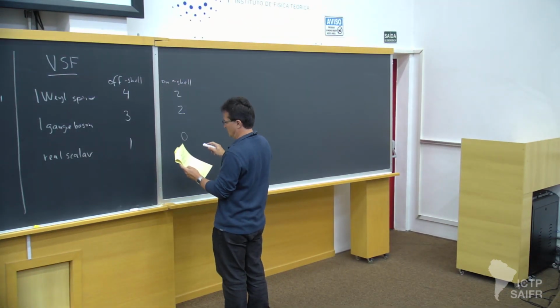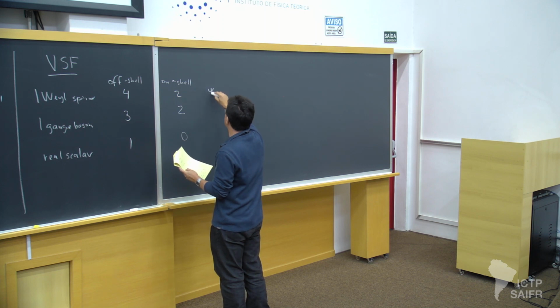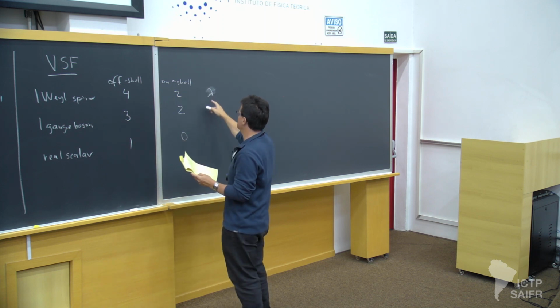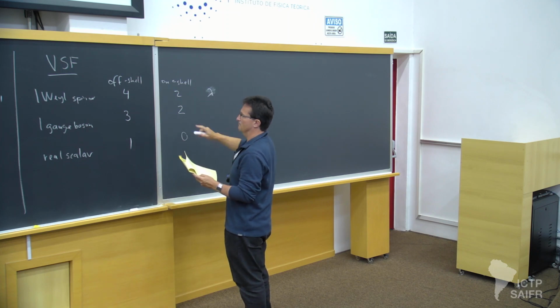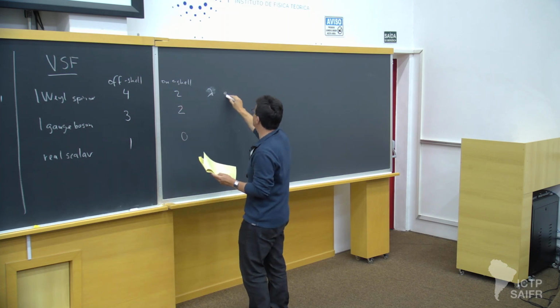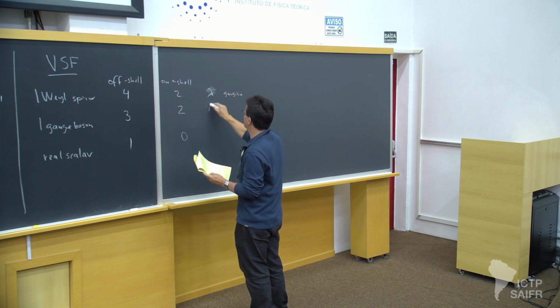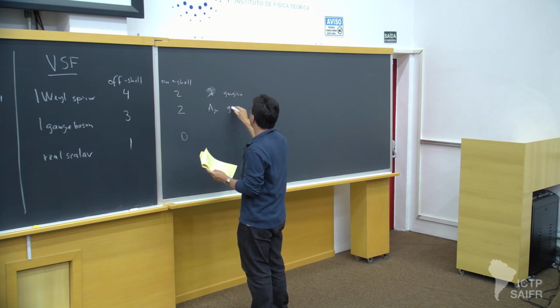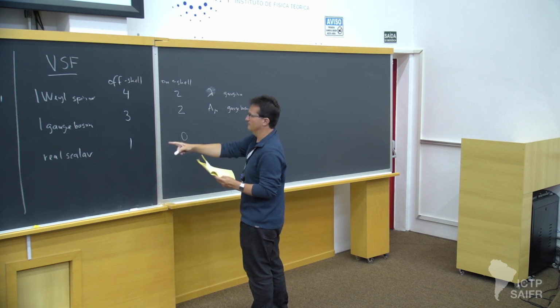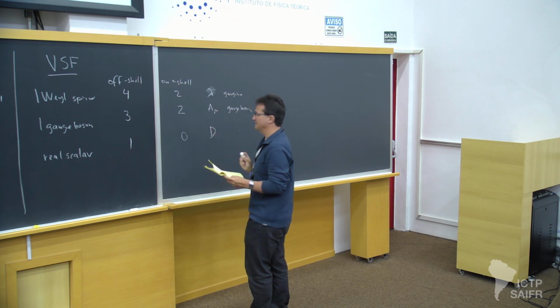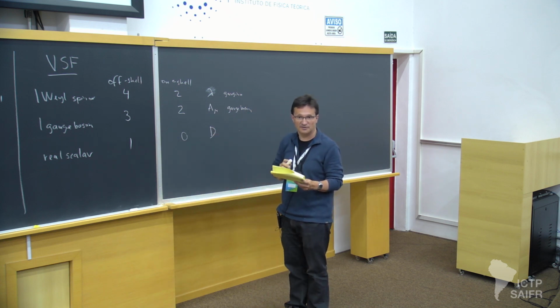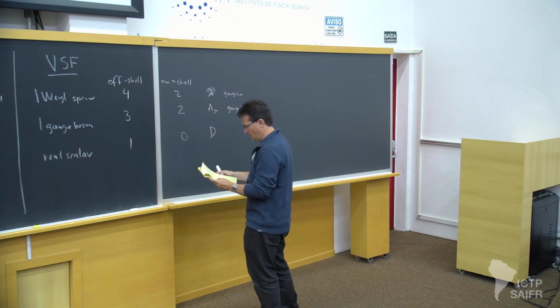Okay, this is usually denoted psi, or let me call it lambda. This is what is usually denoted as the gaugino. So this field is called the gaugino. And then this is the gauge boson, A mu. And then this is the auxiliary field. It's a scalar. It's usually called the D field. It's a real scalar.